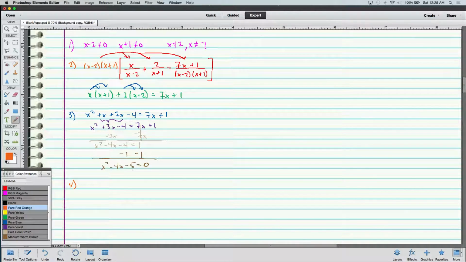Remember, we're only concerned with the factors of the last one, and the only factors it has are 5 and 1. So we need a negative 5 and a positive 1. So our 2 factors are x minus 5, x plus 1 equal to 0.